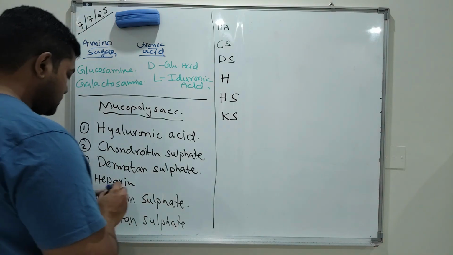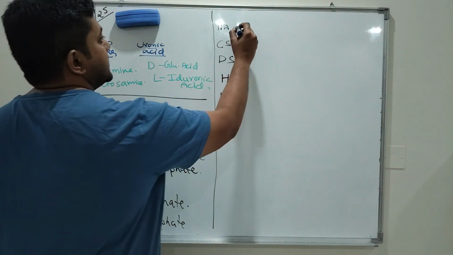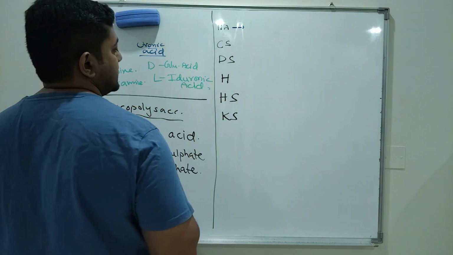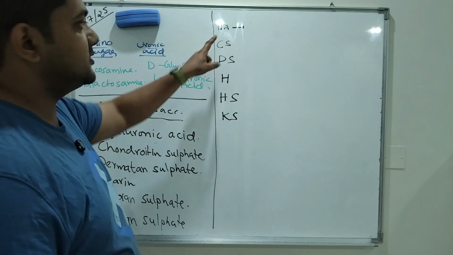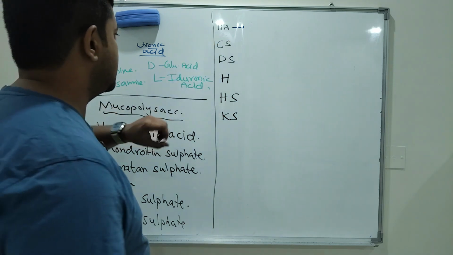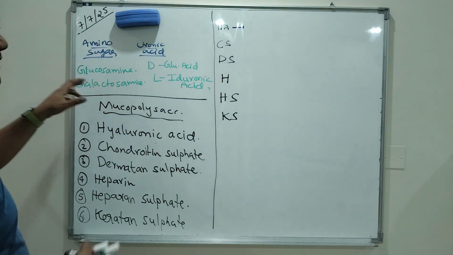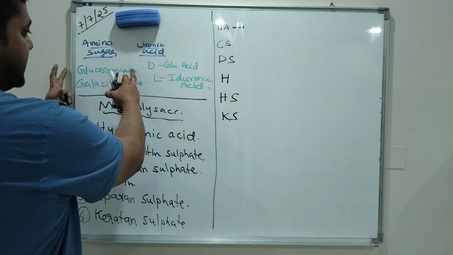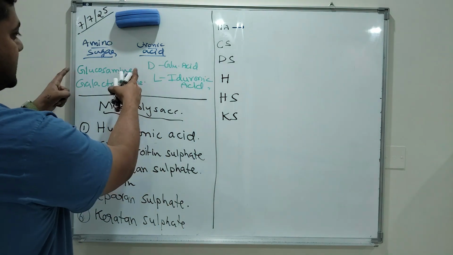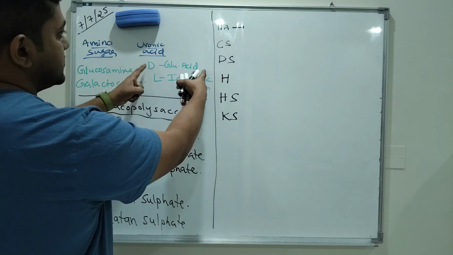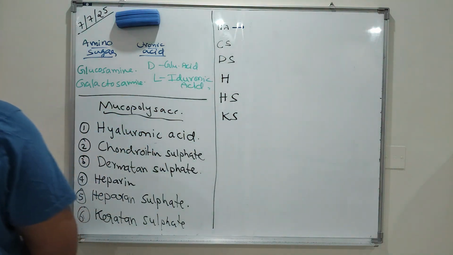Coming to hyaluronic acid, what is its composition? The composition will be N-acetyl glucosamine and D-glucuronic acid. This first pair gives you hyaluronic acid.